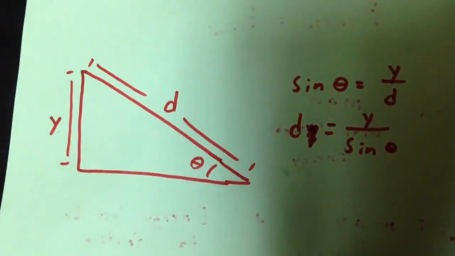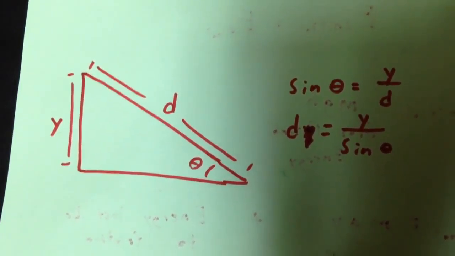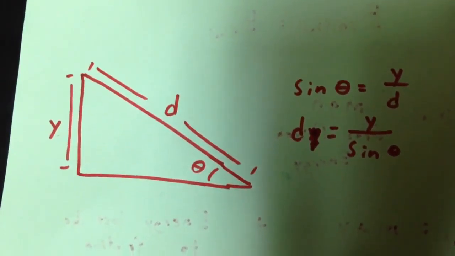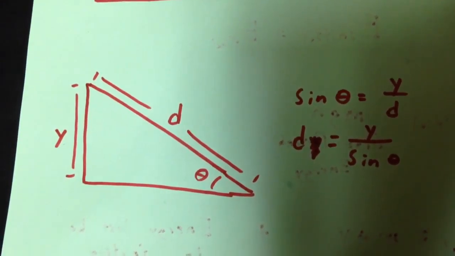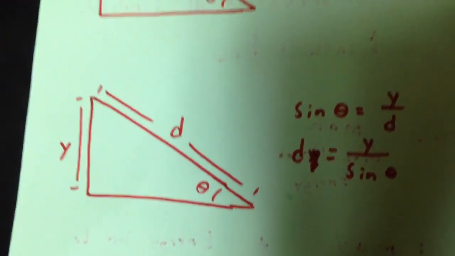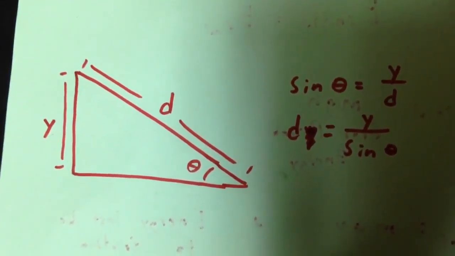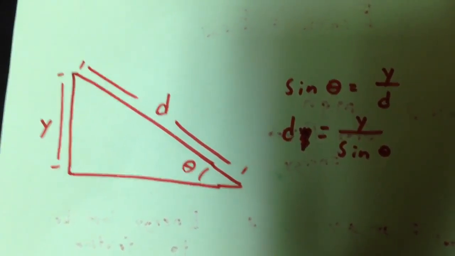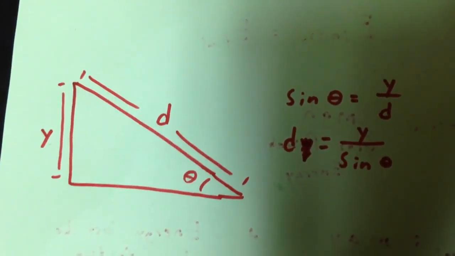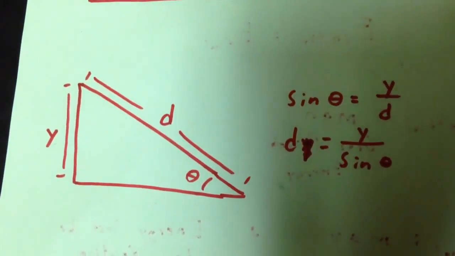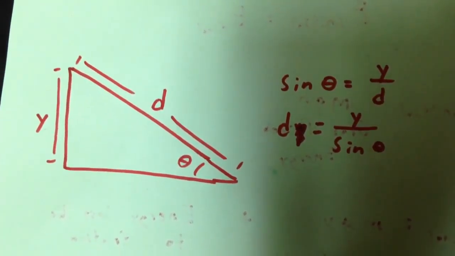We know that the height of the ramp that the block travels to is y, and the angle of the ramp is theta. Since this is a right triangle, we know sine theta is equal to y over d, where d is the hypotenuse of the ramp.